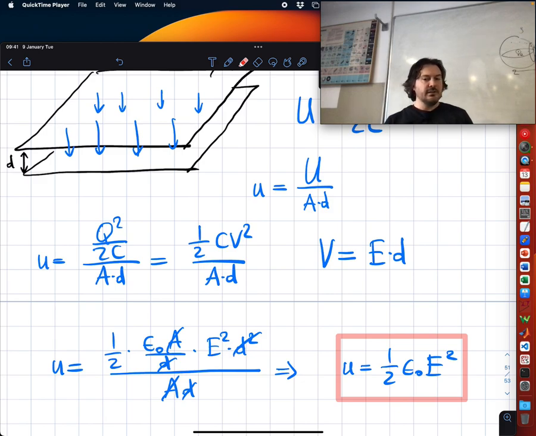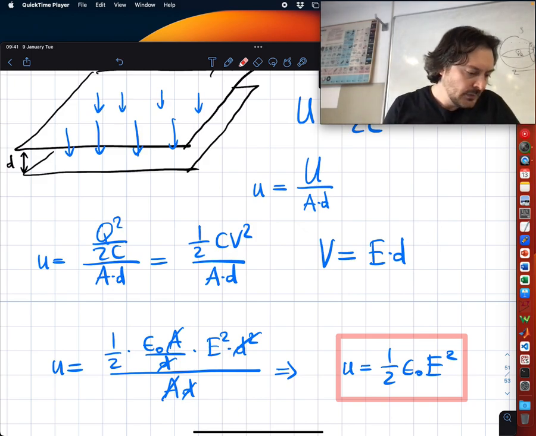It turns out that the energy density of a uniform electric field of magnitude E is simply 1/2 epsilon 0 times E squared. So energy density of electric field is proportional to its amplitude squared. So far so good? Everyone is happy? Yes? Good.